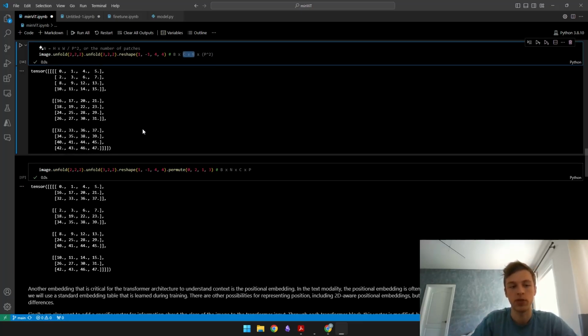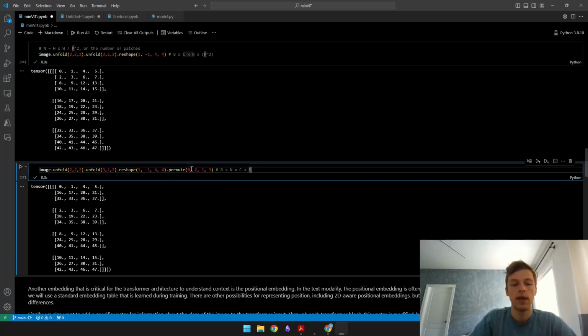If we swap those, we instead have the patch dimension and the patch number dimensions first, and then the channels together. And then all we need to do once we have this is reshape these vectors along the final dimension such that they're combined.